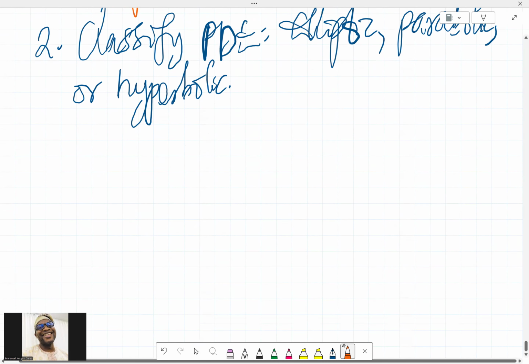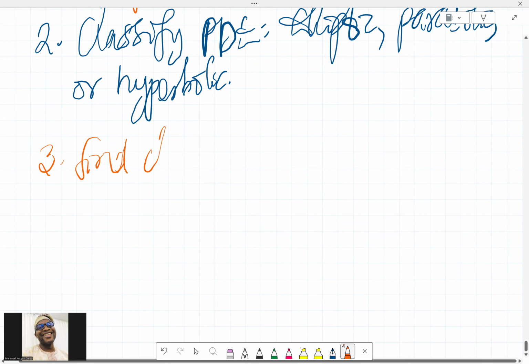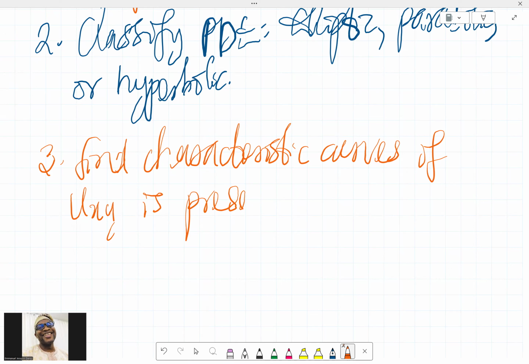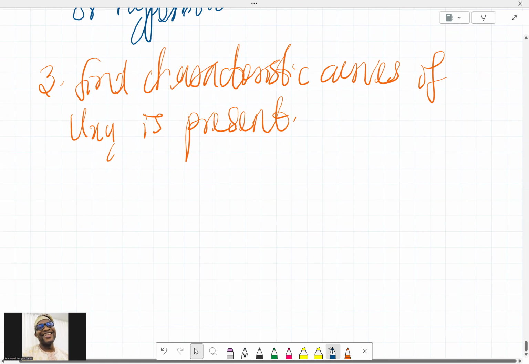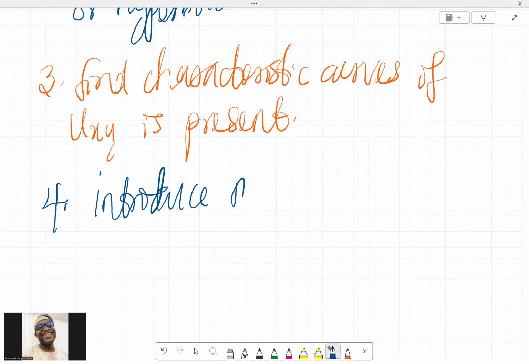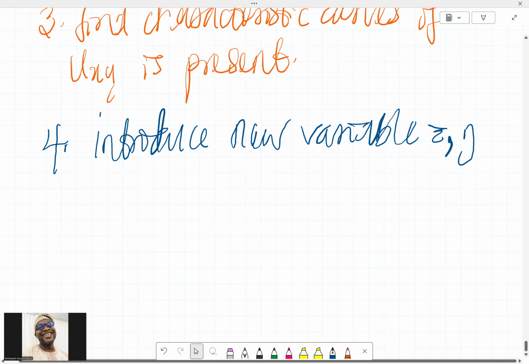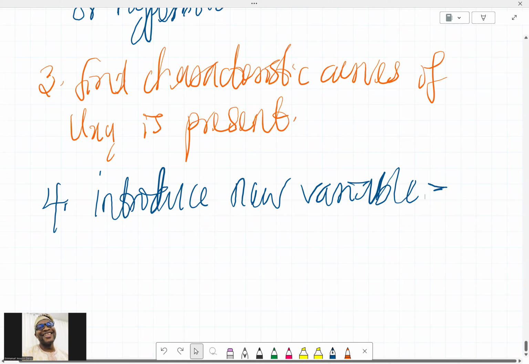Then step 3, you want to find characteristic curves if u_xy is present. So once you have cross derivatives like that, you want to find the characteristic curves. So number 4, you introduce new variables psi and eta.